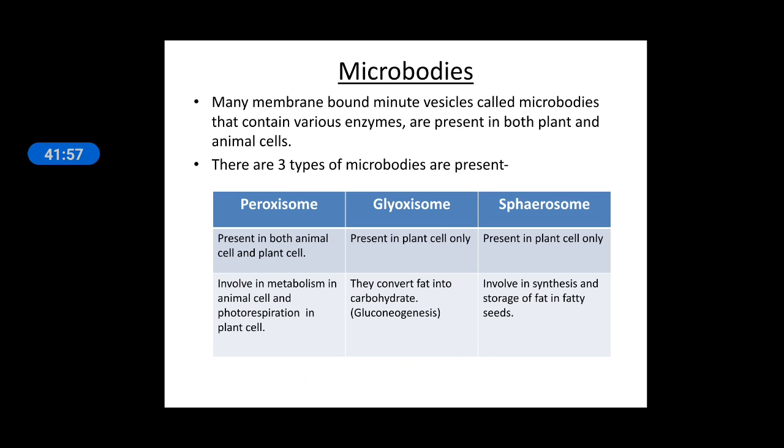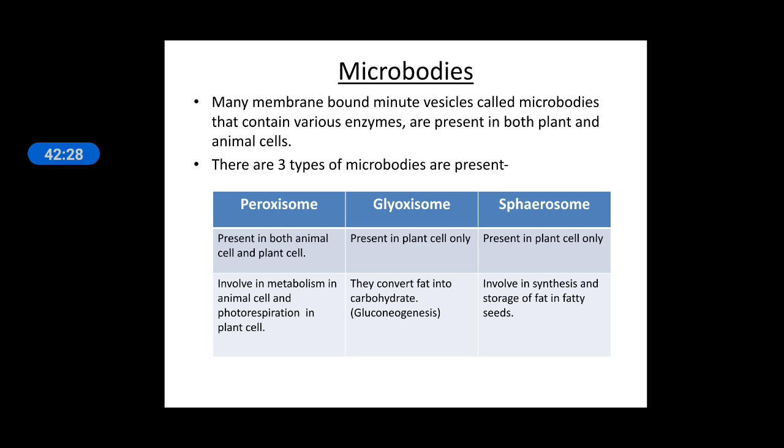The last cell organelle of a cell is microbodies, and the last topic of this chapter too. Many membrane-bound minute vesicles called microbodies that contain various enzymes are present in both plant and animal cells. They are single membrane-bound, very small organelles containing some enzymes.